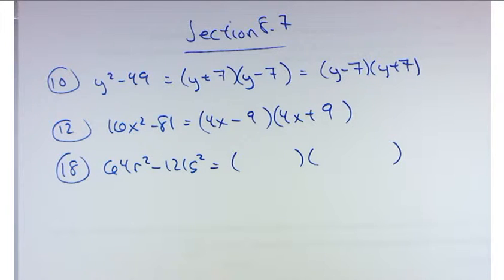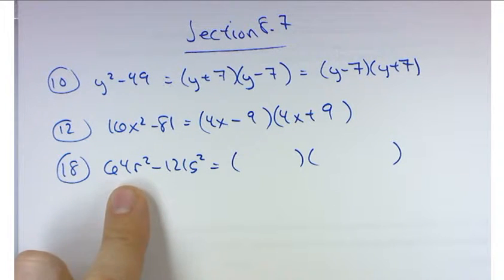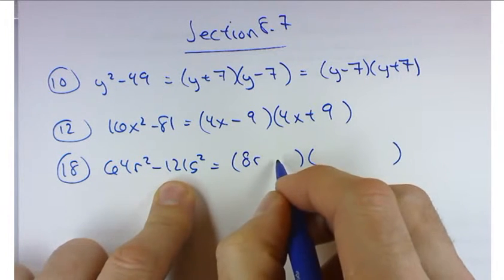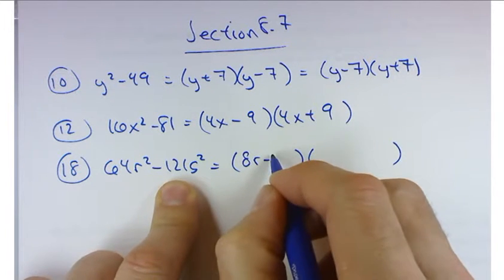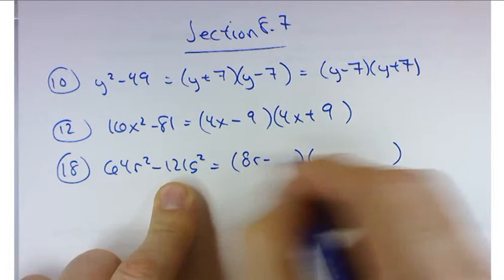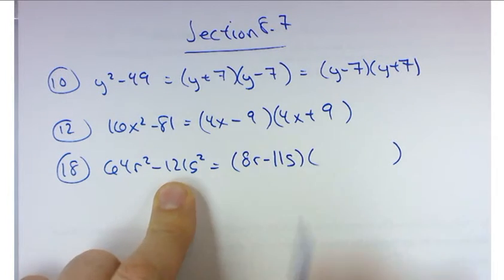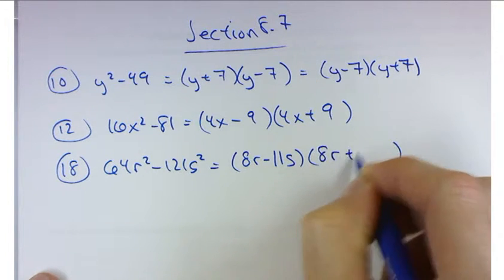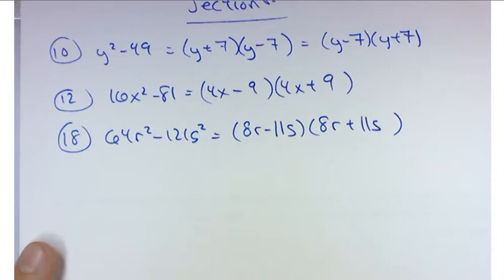No. So, Sidra, what can I square to get the first term, please? 8r? 11s. So 8r minus 11s, and then 8r plus 11s. Nice. Thank you.